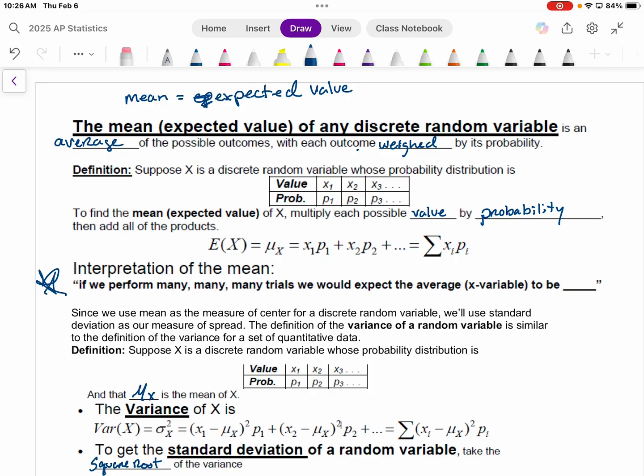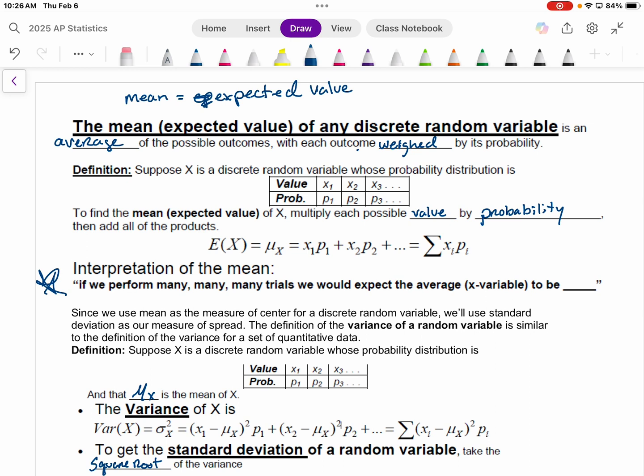So with that in mind, before today, if I took that hockey situation and I took all the goals scored, added them up, divided by how many total items I had there, the sample size, that would have been my average.